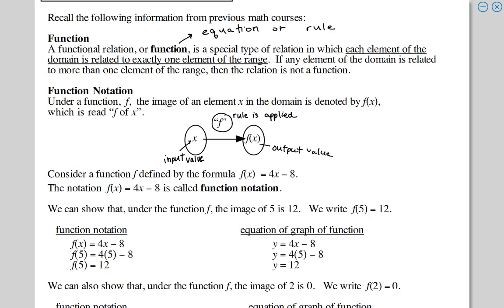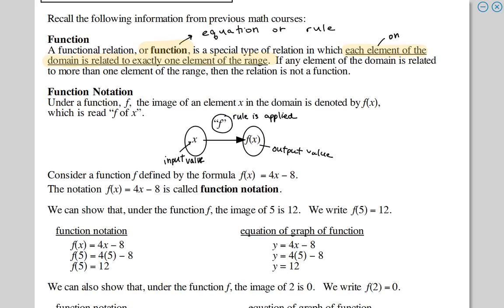So something specific that you need to understand is that to be a function, each element of the domain is related to exactly one element of the range. They call this one-to-one. So for each x, there's exactly one y attached to it.